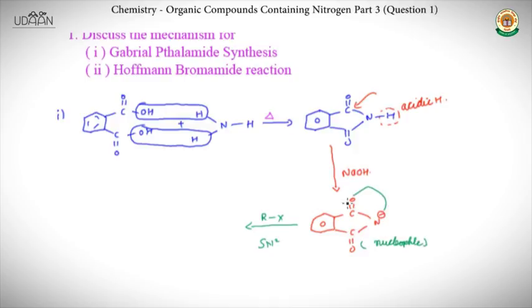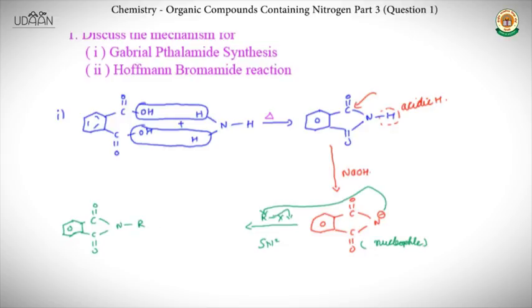Now this nucleophile attacks on this R, leading to the departure of this X group, and you are going to get this compound. You have C double bond O, C double bond O, N, R.